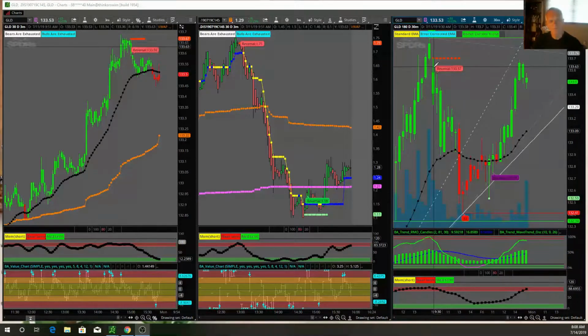Here it nails it. It tells you to go short somewhere on this bar and goes all the way down into that support level. It doesn't tell you to go long again until this bar right here, and then it goes back up again. Green is bullish, red is bearish, and I've got the reversal indicator plotted on here to help me take a little more out of that trend if I can.